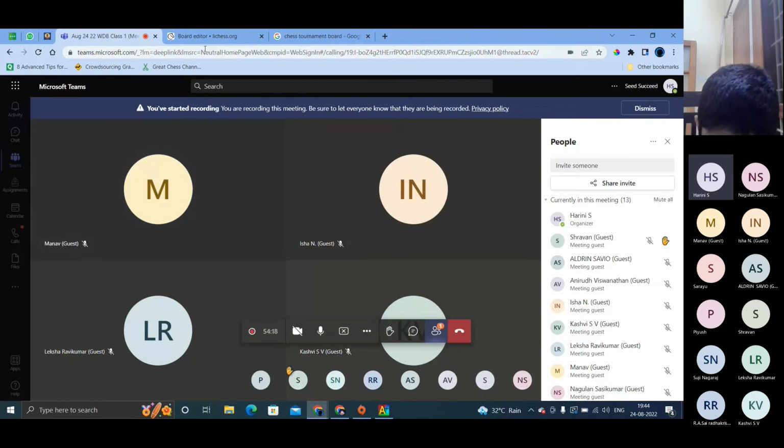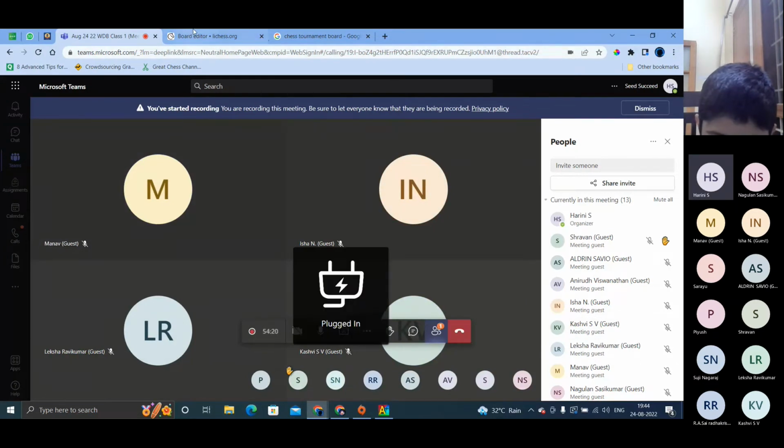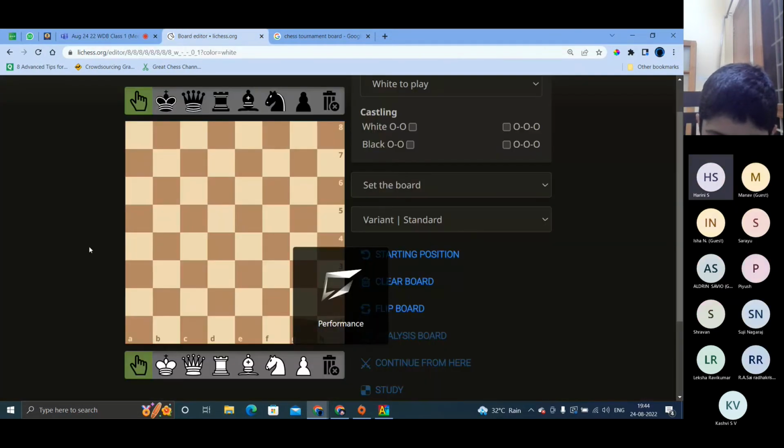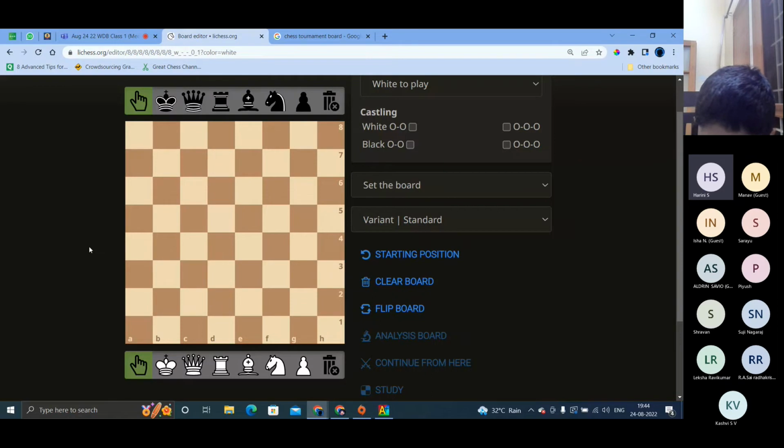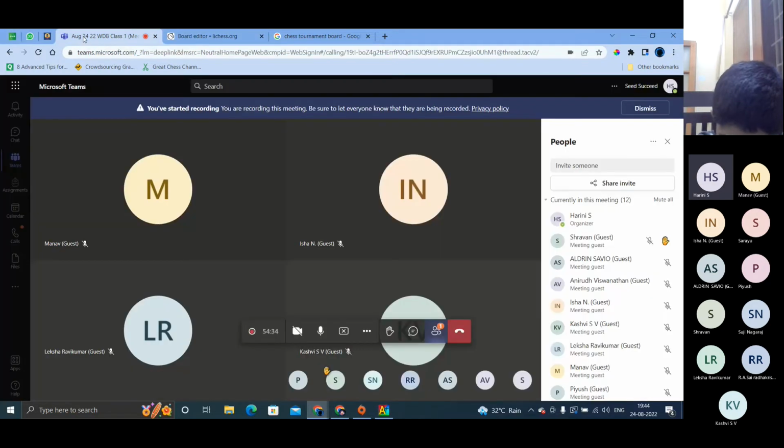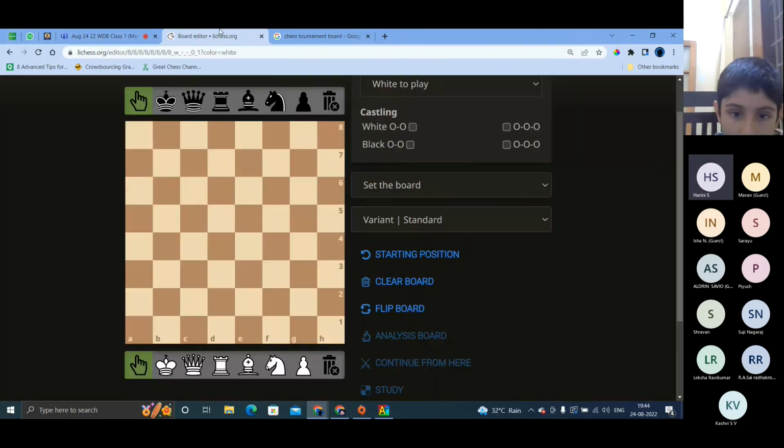I think you have to unmute and speak. Okay, I will ask you later. Nagulan, can you tell me about F7? What happened? Nagulan, are you there? Piyush, can you unmute and tell if it is a light square or a dark square? F7.